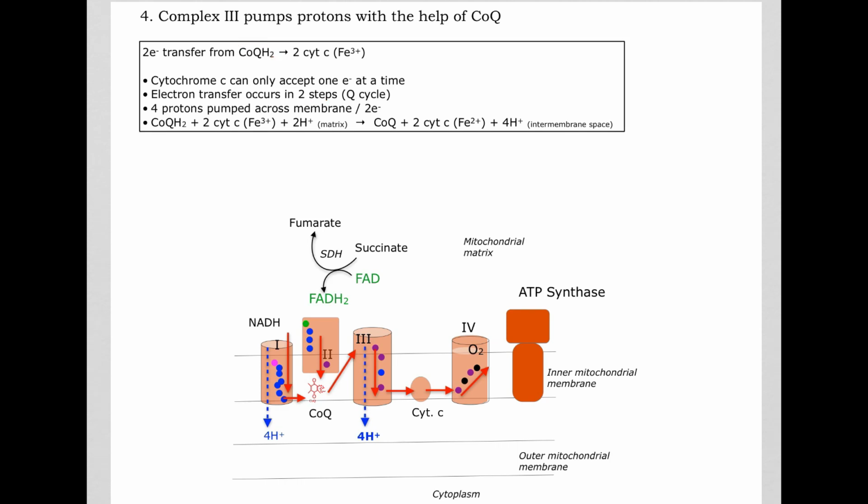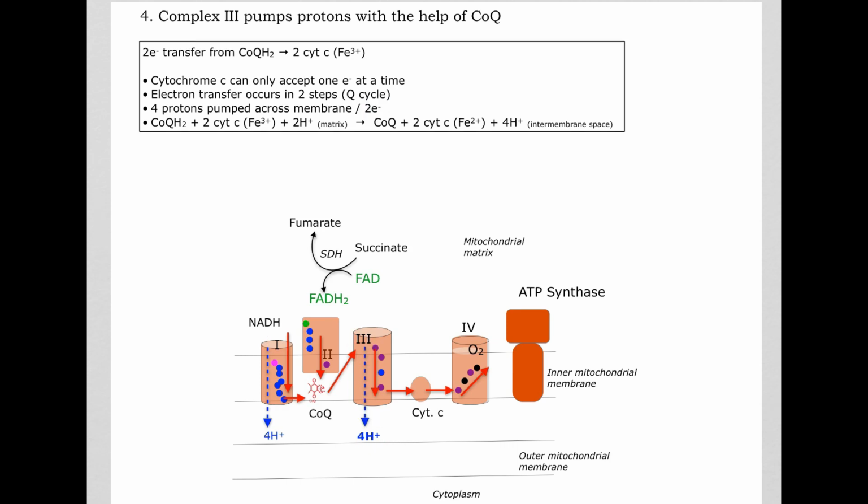Now complex 3, just like complex 1, not only catalyzes transfer of electrons, in this case coenzyme Q to cytochrome C, but complex 3 also pumps protons. It pumps 4 protons for a pair of electrons. So complex 3 is also a proton pump.